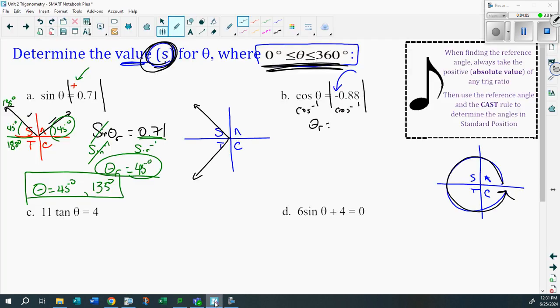So that means my theta reference is 28 degrees. Where is the 28 degrees? 28 degrees here, 28 degrees here. Let's go. That's how it works. Just like that, 28 degrees each time. So remember, it's all about 180 degrees. It's all about the x-axis. So this would be 180, subtract the 28, and then of course that gives us this one.